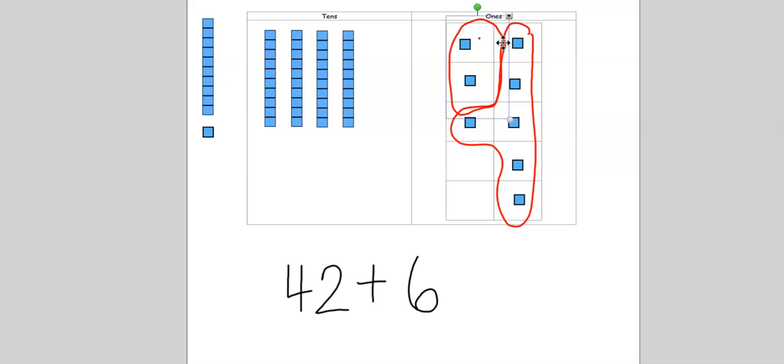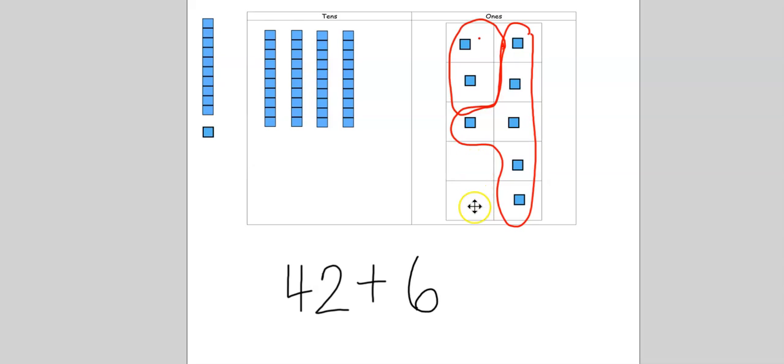Okay, from the 42. So how many do I have in all? So I know I have 10, 20, 30, 40 because I have 4 10s. And how many ones? I can look at this 10 frame and tell right away how many I have because I have 2 missing.